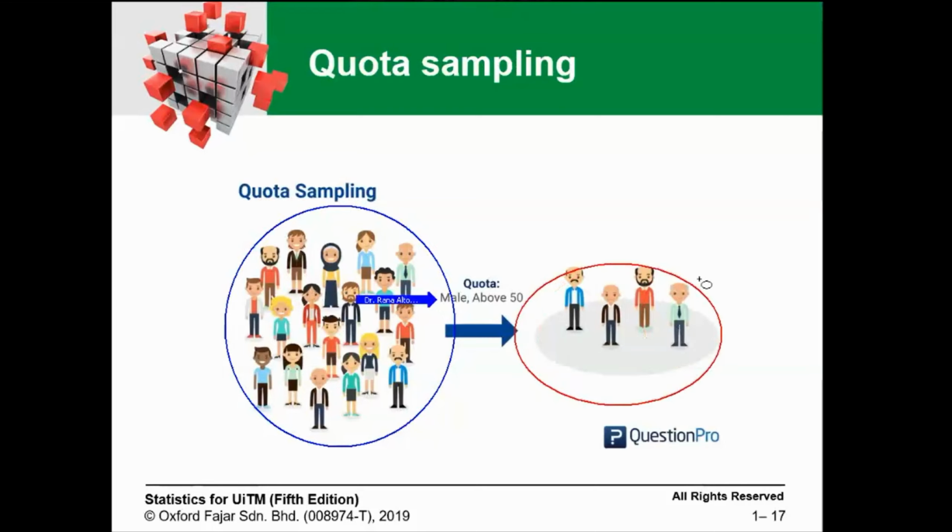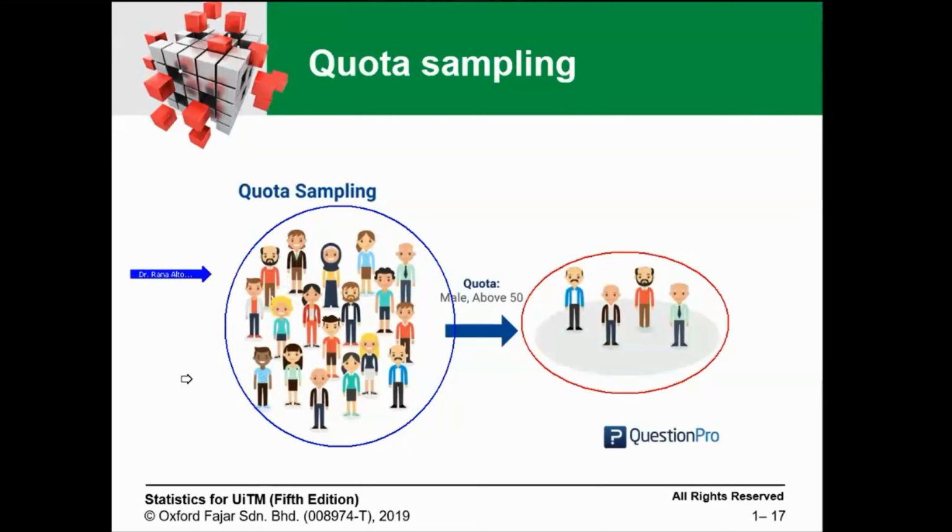So he will choose this sample. Here you see how quota sampling works. This is a population. He wants to choose by convenience, and then he needs to add some more details, so it will be quota sampling. He just needs to choose males who are above 50 without any other consideration. So this we call quota sampling.